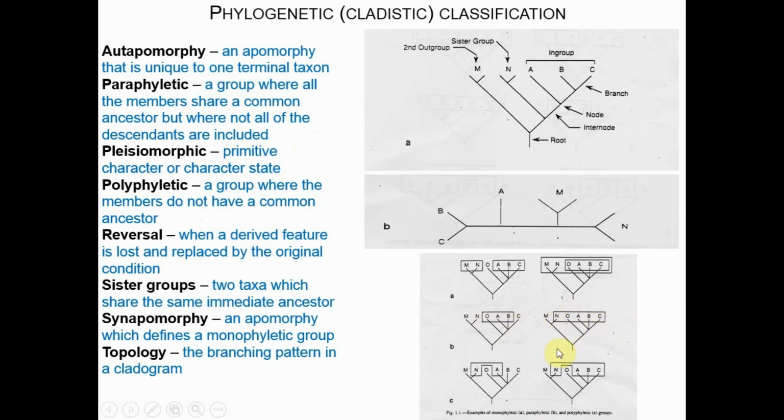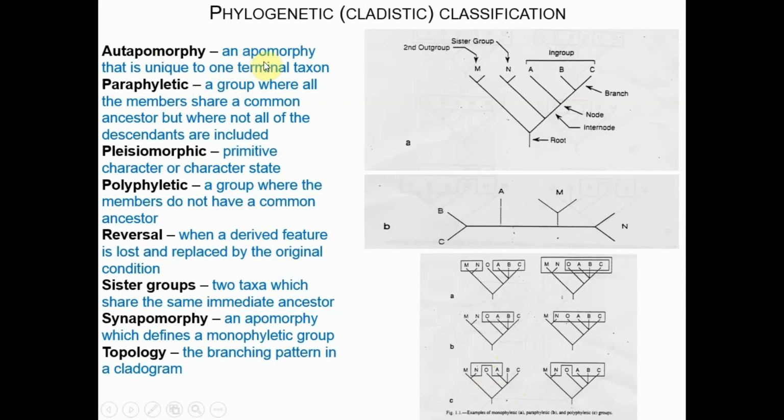M and C, for example, are not included. And then polyphyletic groups, a group where the members do not have a common ancestor. So in A, for example, they are not derived from a common ancestor at the nearest branching point.